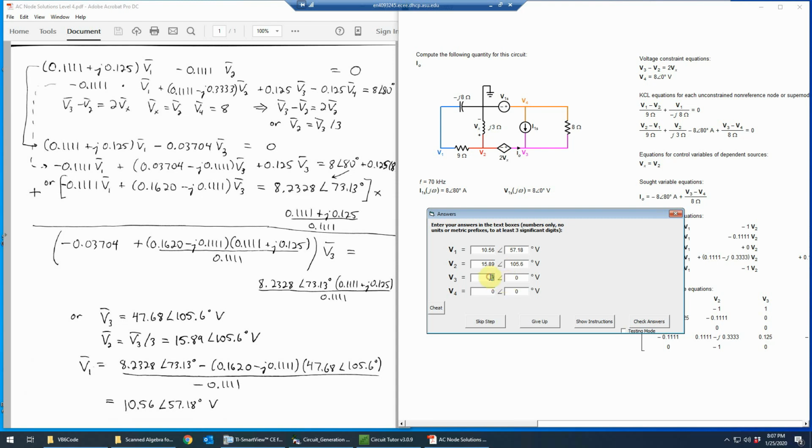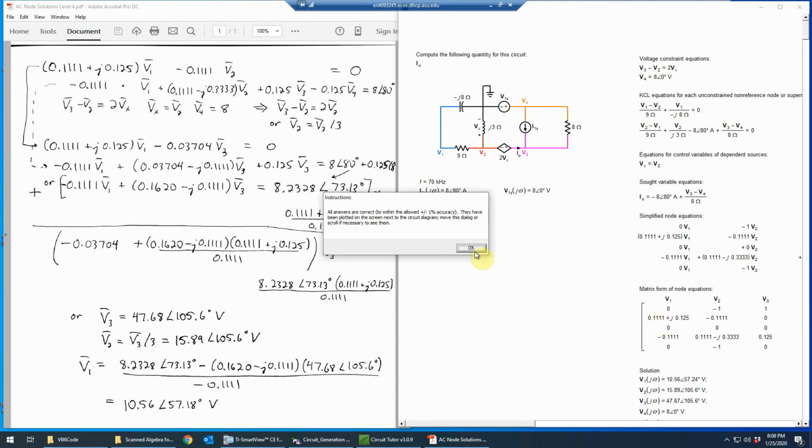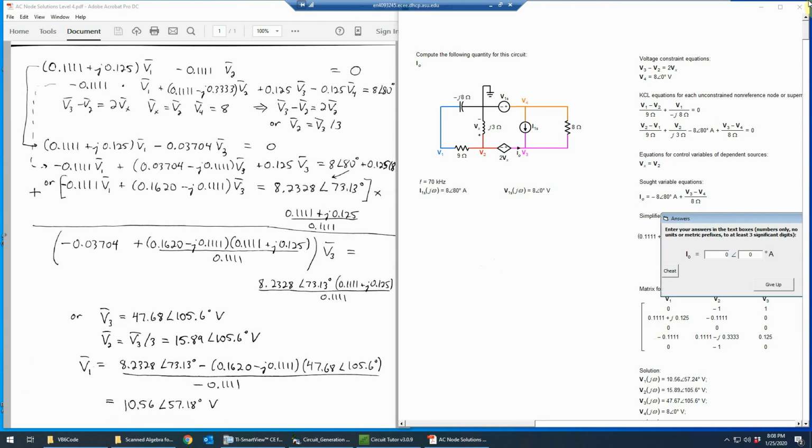And then the V3 bar is, I'm sorry, 47.68. Angle 105.6. And then the V4 bar, that was the easy one, that was just 8, angle 0. 8, angle 0, not 80. Okay, and then we'll just check that. And that is correct. And then those numbers have been printed on the screen.